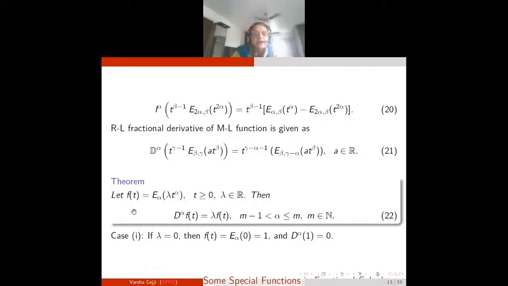Now here we will check a simple observation. Consider the function E_alpha(lambda t to the power alpha), where lambda is a real number, and consider its alpha-order derivative. When I don't write anything down, it means from 0 to alpha; the base point is at 0.